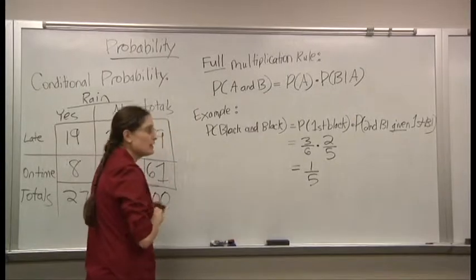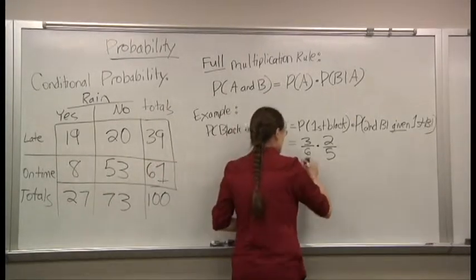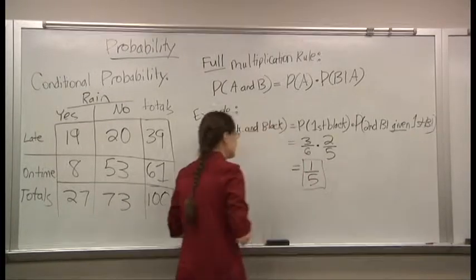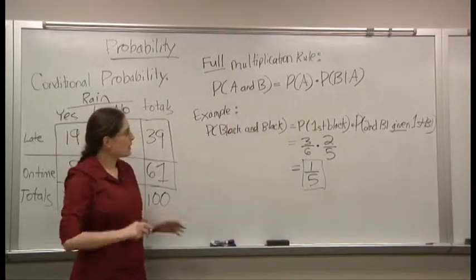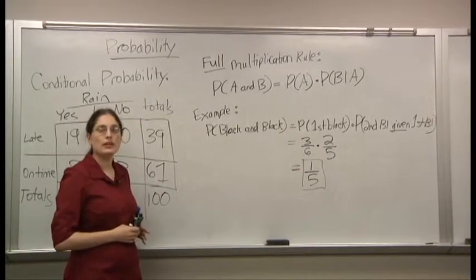Multiply that, you get 1 out of 5. So the probability of drawing 2 black markers in a row is only 1/5.